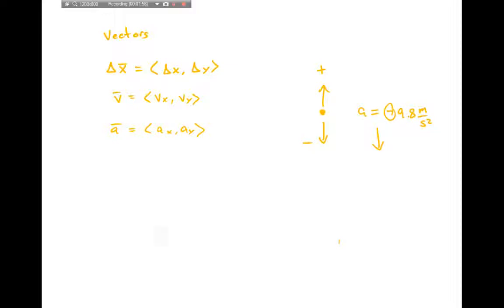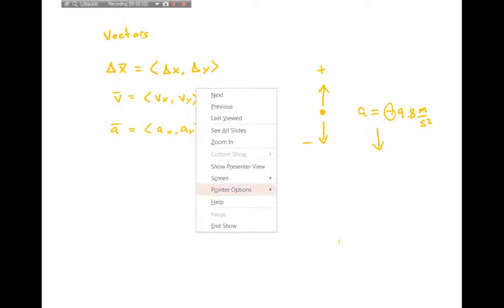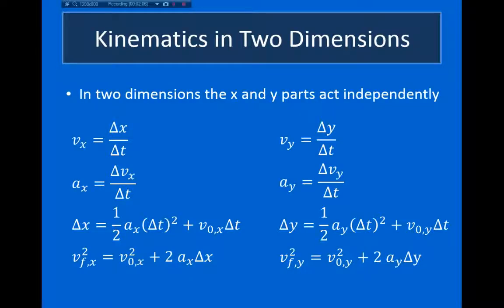The other thing that's very important to know about motion in two dimensions is that the equations which describe the x and y components of the motion are completely independent of each other. So here I have all the equations that we would use to describe the motion of an object in two dimensions. And you can see here this is split up into the x part on the left and the y component on the right.